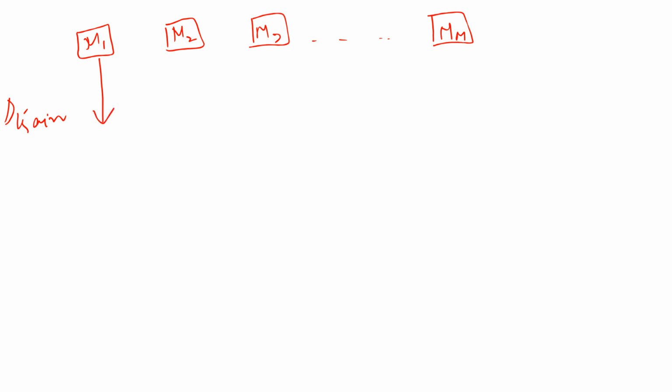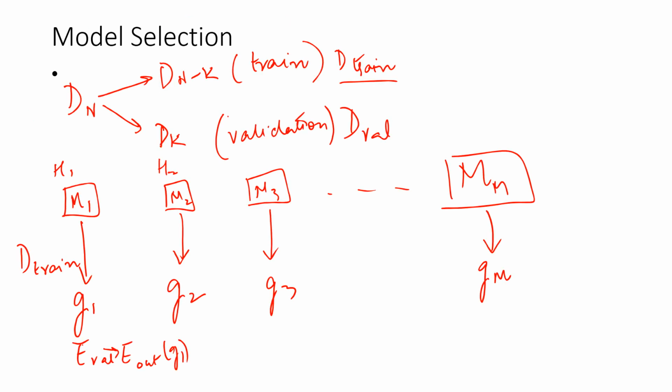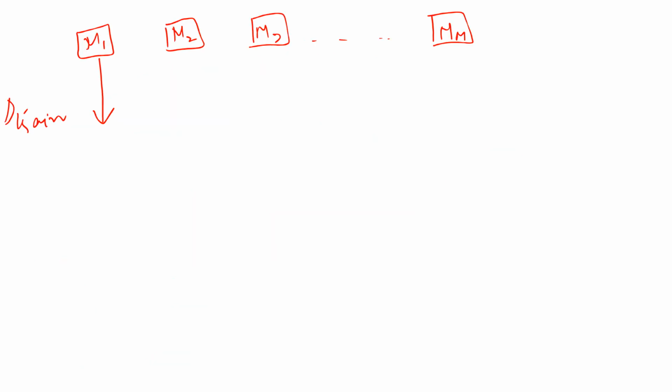If we assume we are using the entire training data and somehow evaluating E_out, what we are actually doing is using the deficient D_train. That's why I'm going to write these with minus signs: G1 minus, G2 minus, G3 minus. I'm just saying this in case it wasn't evident in the previous slide. That's why we'll have these deficient hypotheses. Why? Because we have a validation set using which we will do the validation.